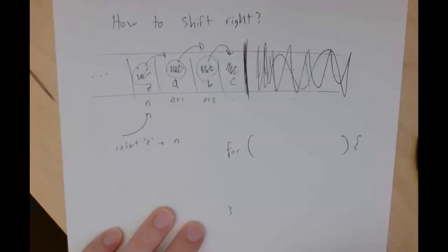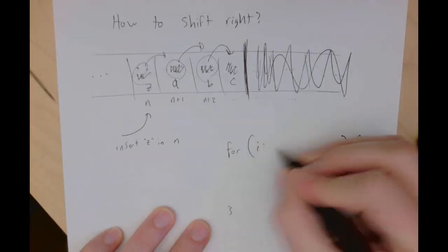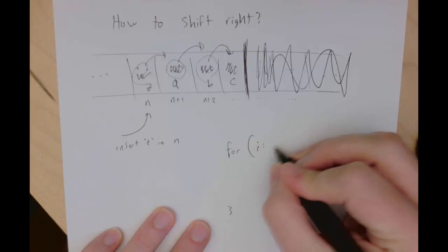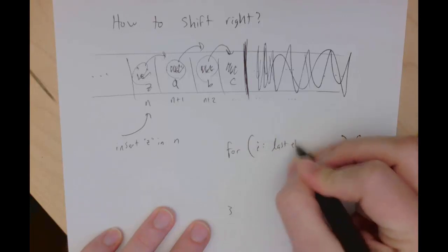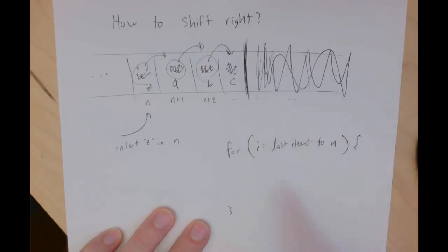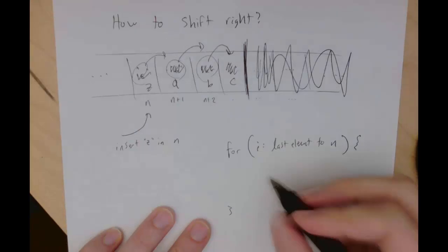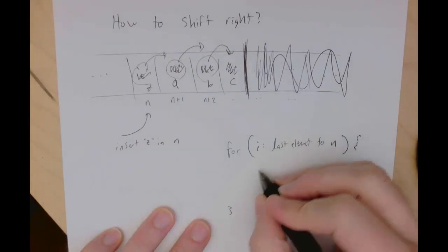So that's the idea. So we're going to have I go from the last element to index n. So we're looping backwards from the last index to index n. And we want to do something like this.